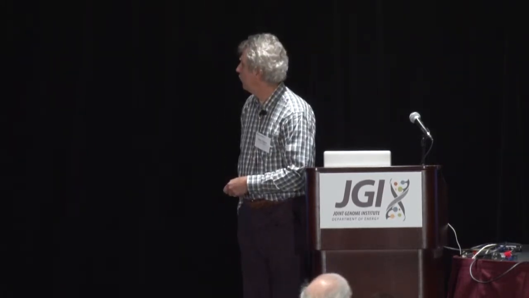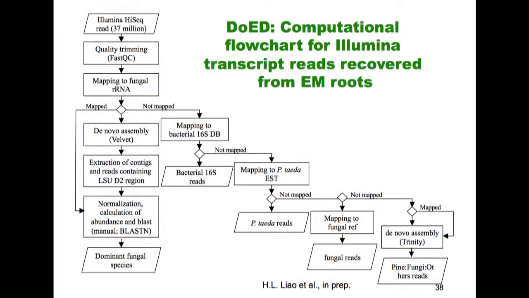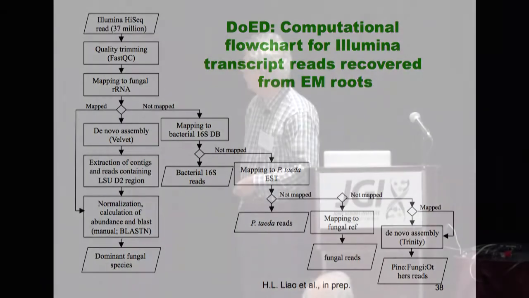We can also then do direct mapping to known fungal genes to identify what they're doing. And in the case where we don't have the ability to map them, we can also synthesize de novo reads, de novo assemblies, and then proceed to put together these transcriptomes. And we can do the same thing for the plants. So now we can simultaneously examine fungal and plant gene expression at the same time.